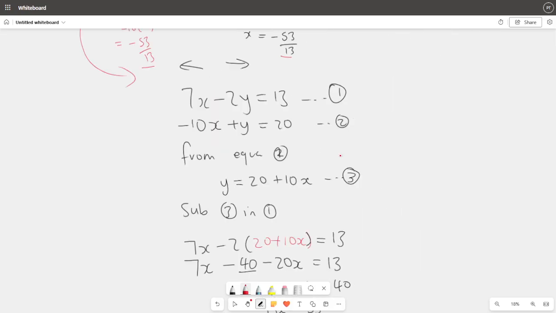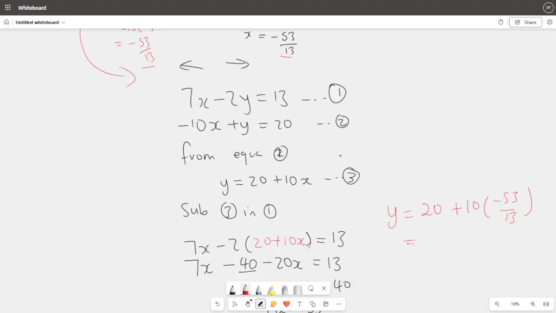Same thing, when you say y, then you substitute back your value of x, which is going to be 20 plus 10 into the value negative 53 over 13, and you can easily just punch your calculator straight away, which is going to be 20 plus 10 into negative 53 all over 13.